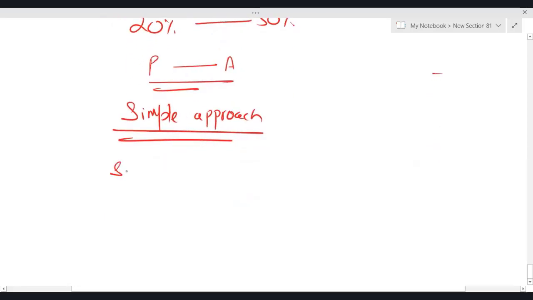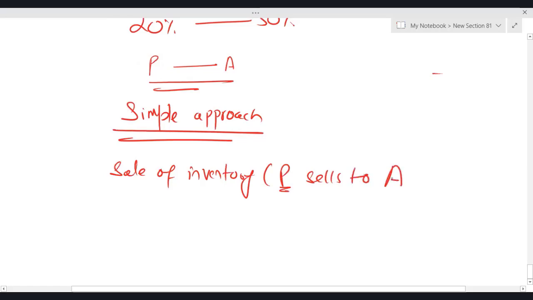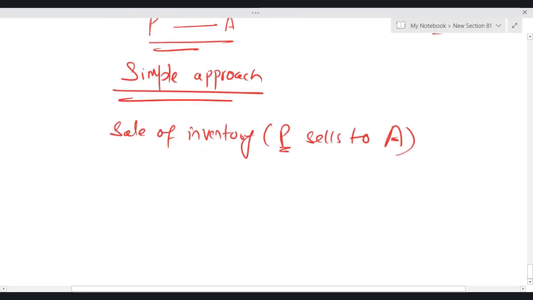Let's say sale of inventory, and let's say the parent sells to the associate. In the simple approach, what do we do?